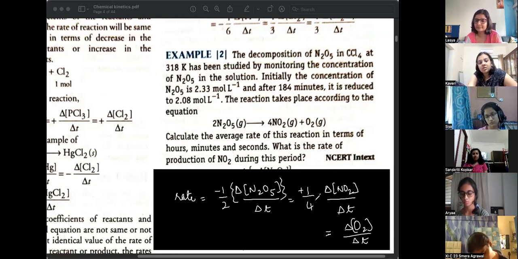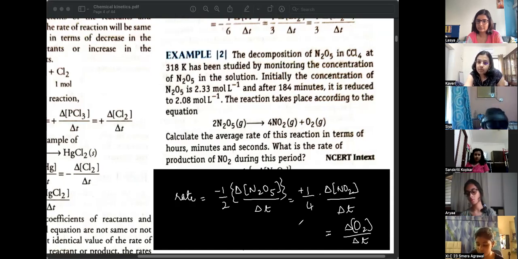So we need to find delta NO2 by delta T, right? But in the rate of production of NO2, 1/4 will still be included, right? Because that's the coefficient in the reaction, right? The whole thing would be the rate of the reaction.